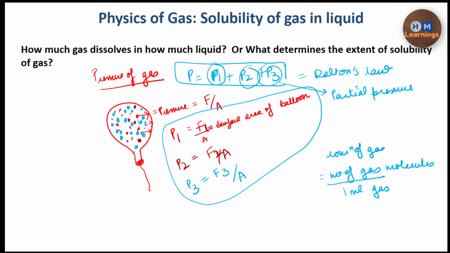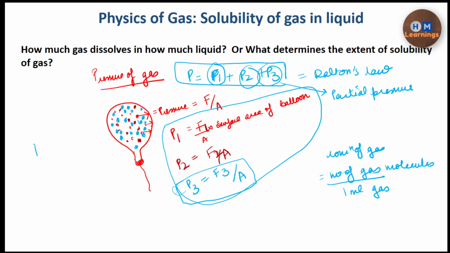Now what will happen to the partial pressure exerted by this gas on the balloon wall? It will be higher than before. So the pressure exerted by this gas, that is P3, will be higher than previously, because now there are more molecules of that blue gas inside the balloon.